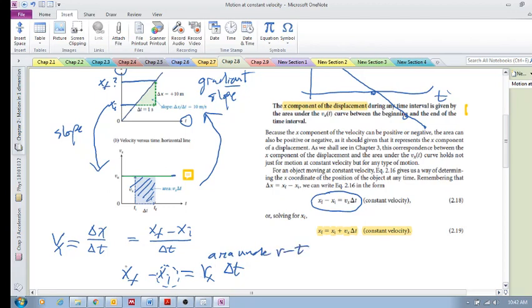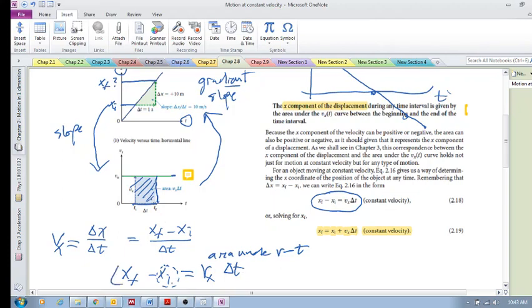So I have my initial position. I'm trying to find my final position. So I need to calculate the area under the curve. So I multiply my velocity, Vx, that is this height, times delta t, which is the breadth. So here's the height times the breadth, that's the area under the curve.